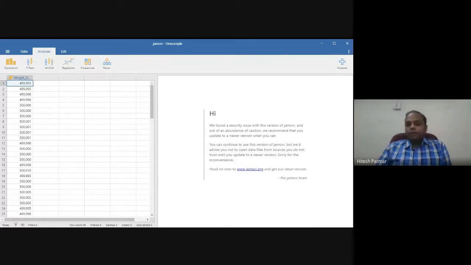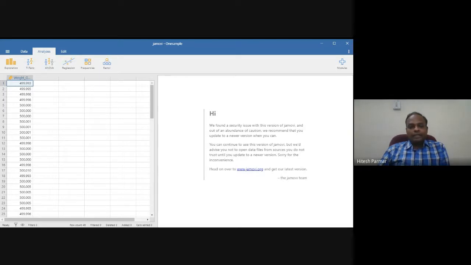So when to apply this one sample t-test? Whenever you wish to compare your sample mean with any standard mean, then you can apply one sample t-test. A sample mean will be compared with the standard mean.